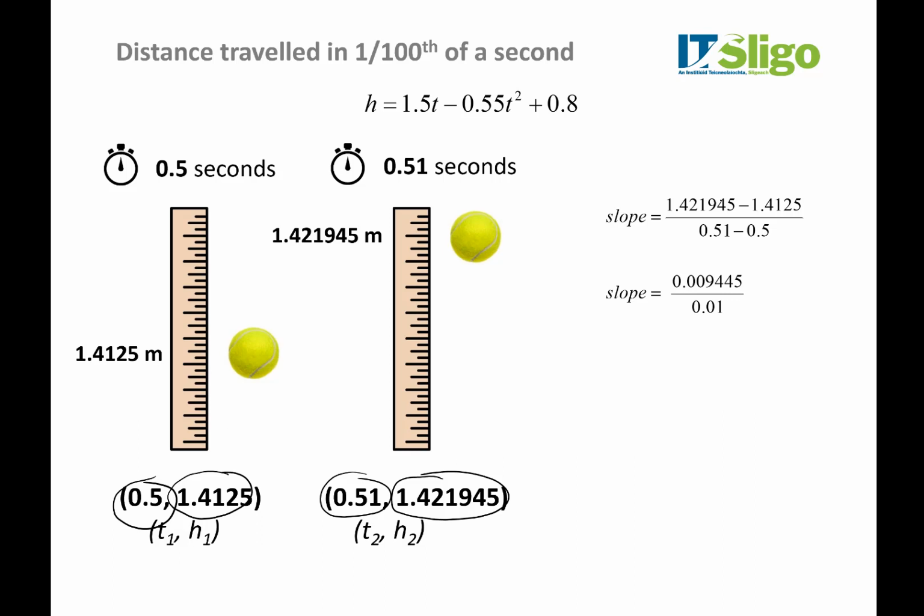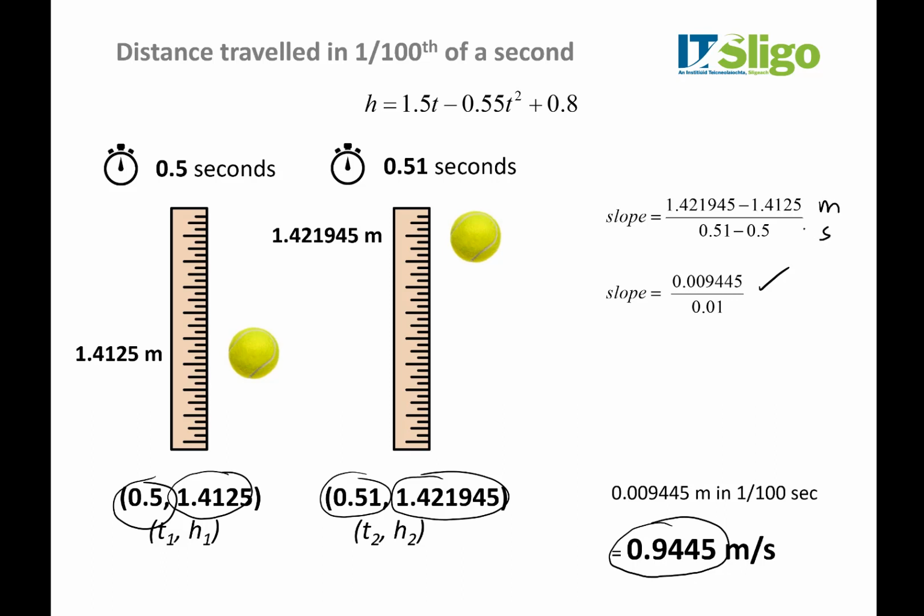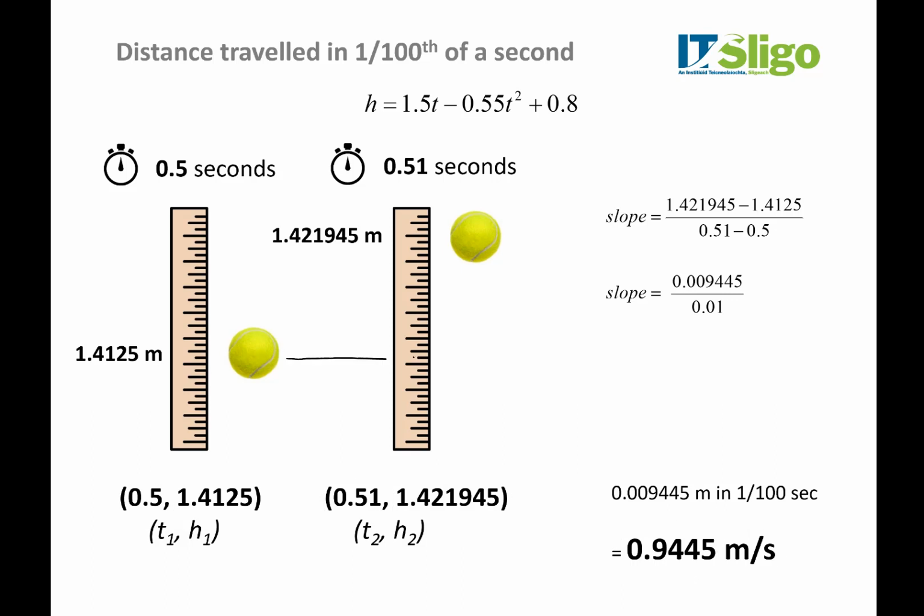And that's what we have here. When we do the maths, we get this, and when we work it out, the slope of the line is 0.9445 meters per second. Remember, on the top we're measuring meters, on the bottom we're measuring seconds. And this, meters per second, is speed. So now we've got the average speed between these 2 points.